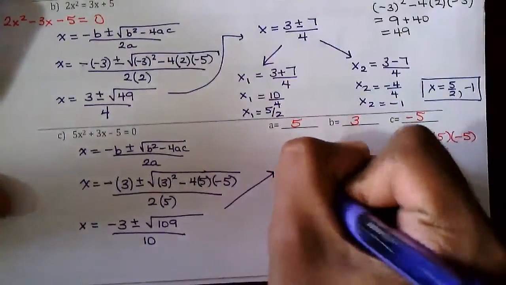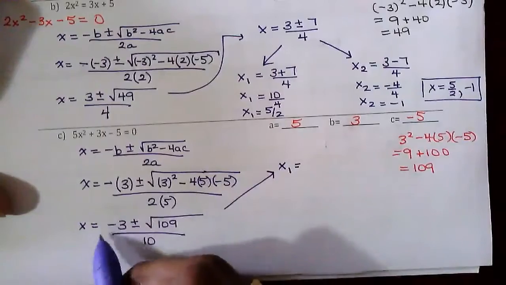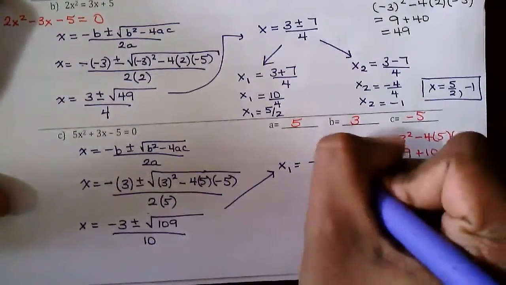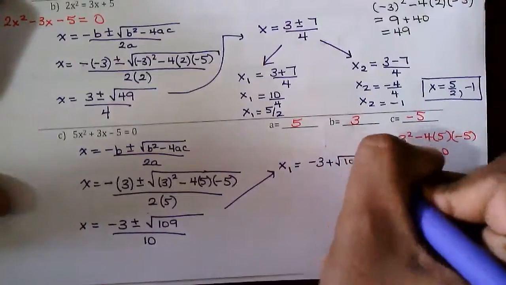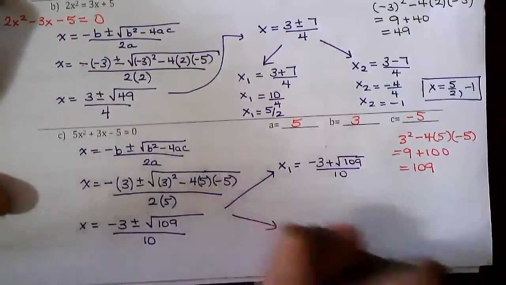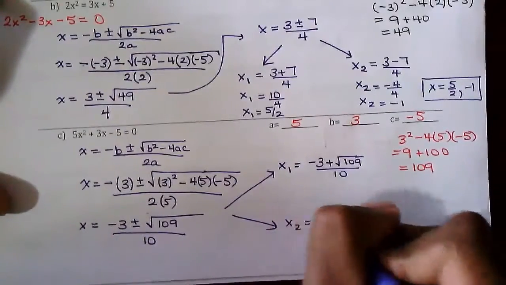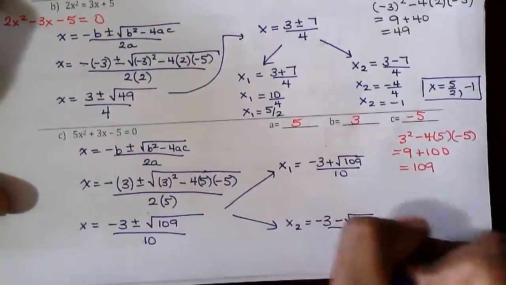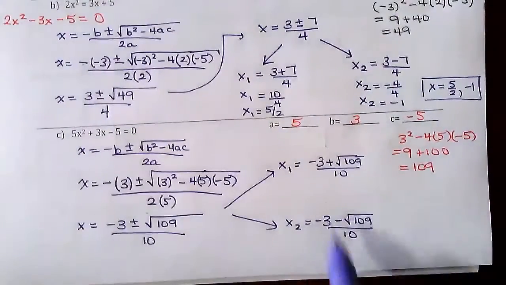So x1 is the positive scenario, so negative 3 plus root 109 divided by 10. And x2, which is negative 3 minus root 109 divided by 10. Again, these are the exact solutions.